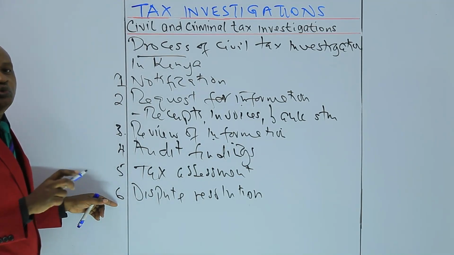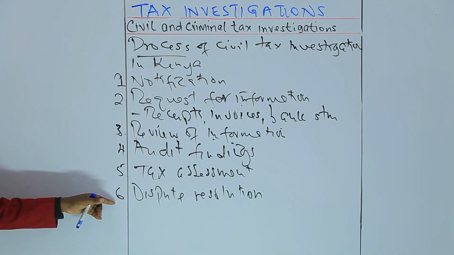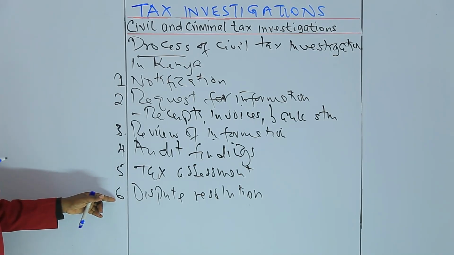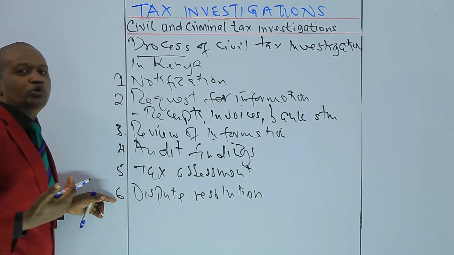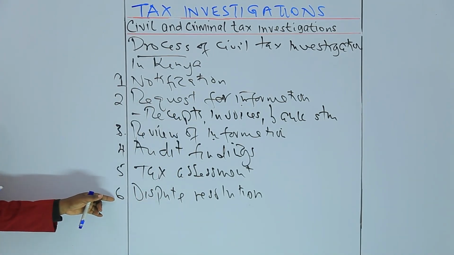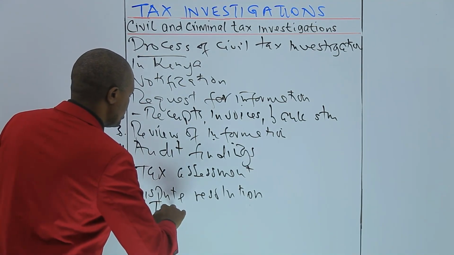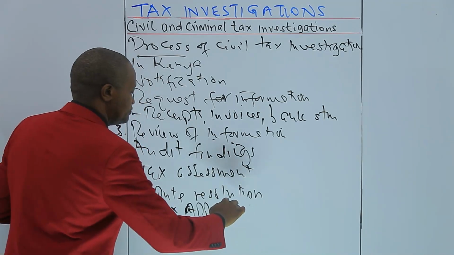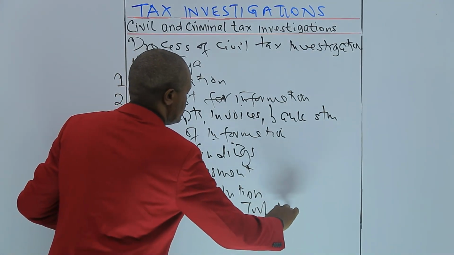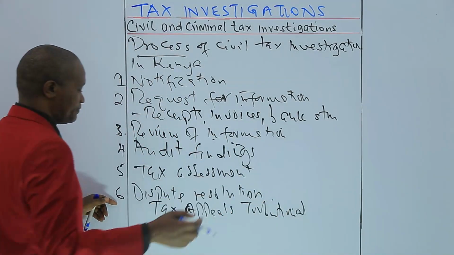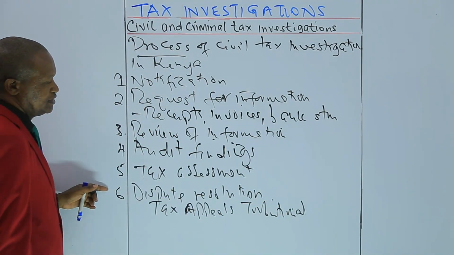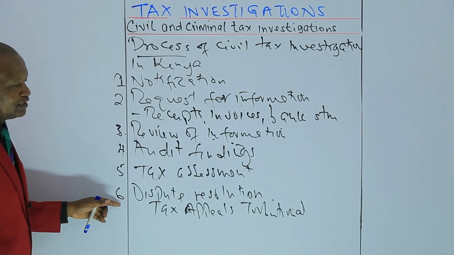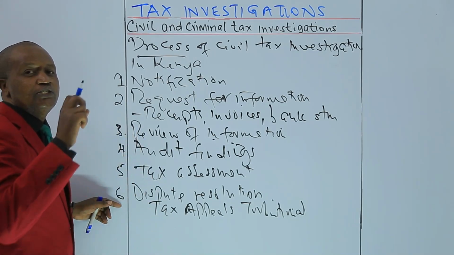Dispute resolution. If the taxpayer disagrees with the assessment, they can appeal to the Tax Appeals Tribunal. If the taxpayer disagrees with the tax assessment, then the taxpayer can lodge an appeal to the Tax Appeals Tribunal.